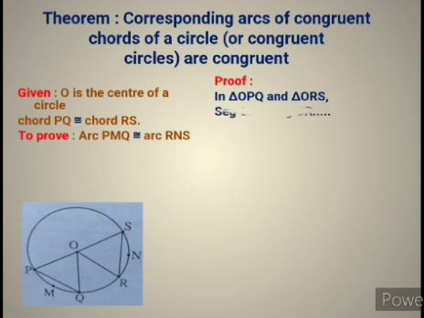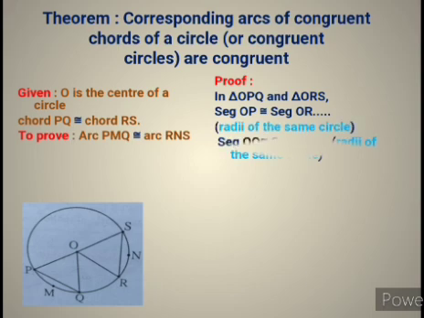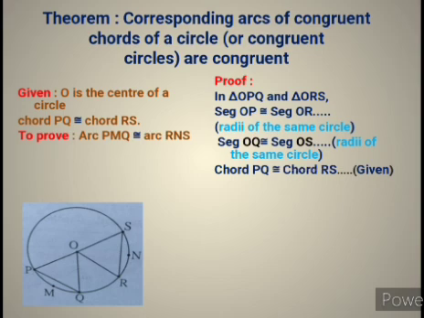Proof: in triangle OPQ and triangle ORS, segment OP is congruent to segment OR, by radii of the same circle. Another, segment OQ is congruent to segment OS. Why? Here also they are radii of the same circle. And chord PQ is congruent to chord RS because it is given.